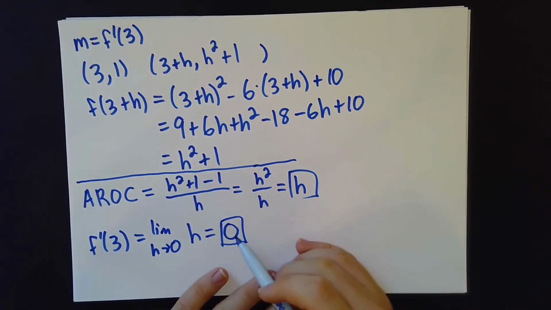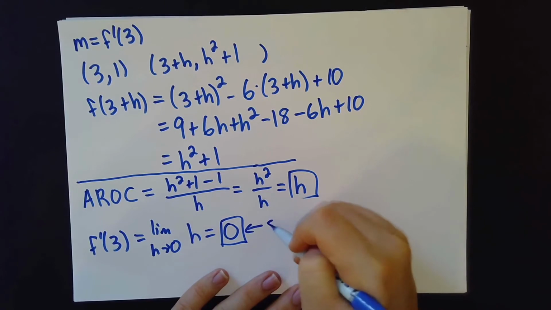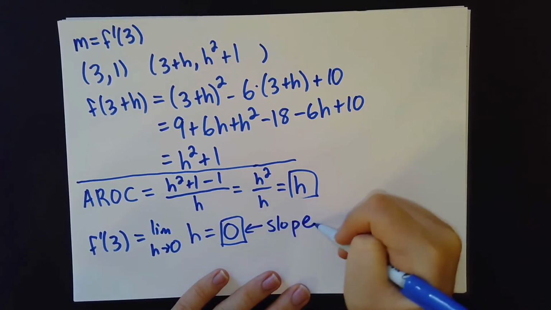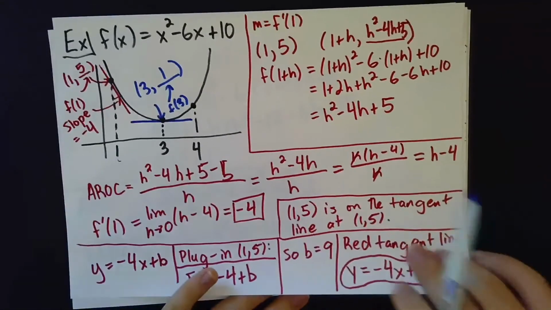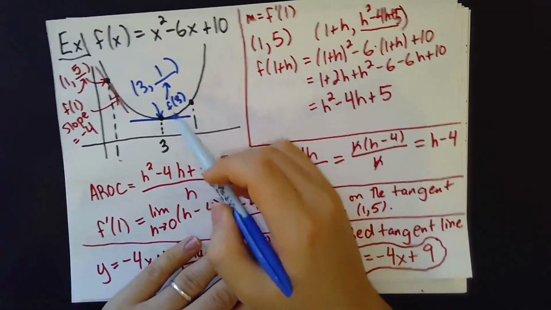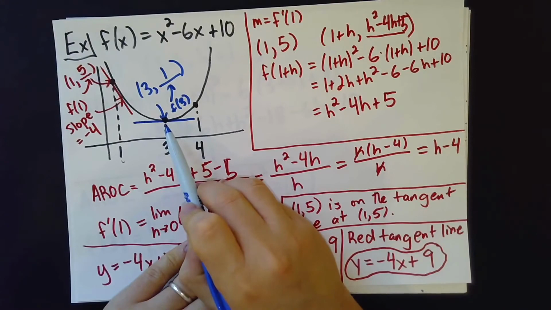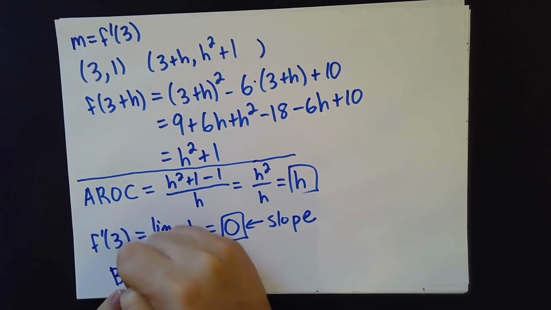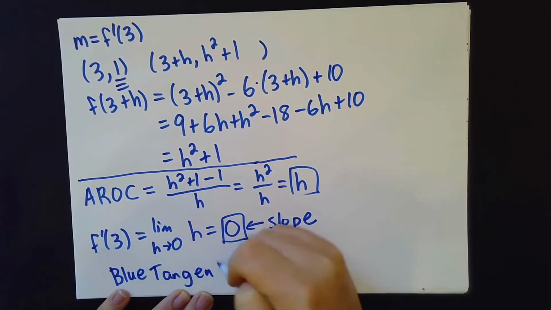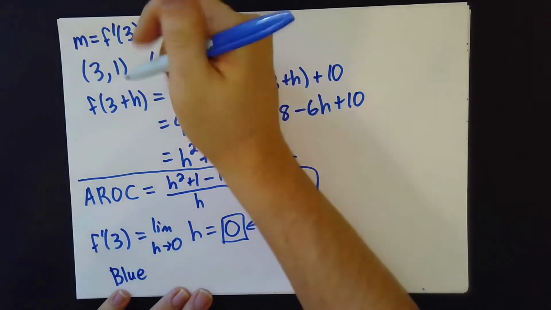And so this says exactly what I thought from looking at the graph, which is that the slope of the tangent line here at 3 should be equal to 0. That means this line is horizontal, which means that the equation of the tangent line should be exactly y equals 1.